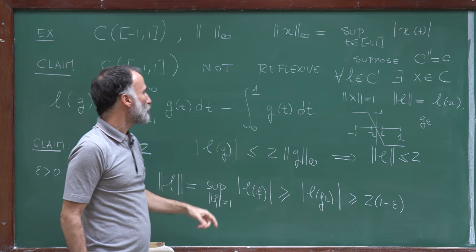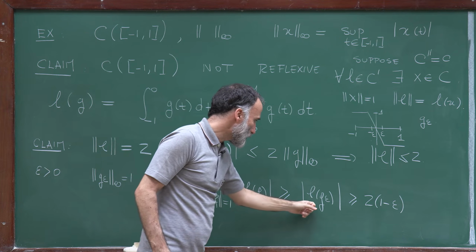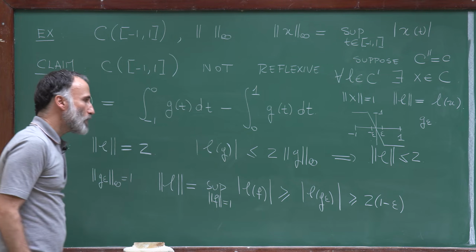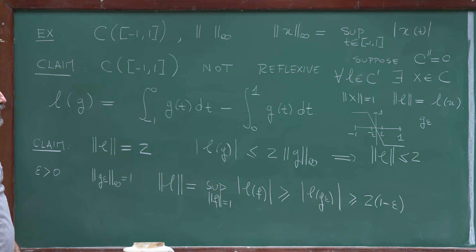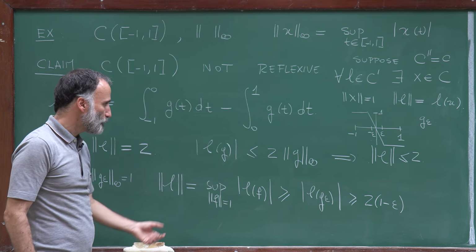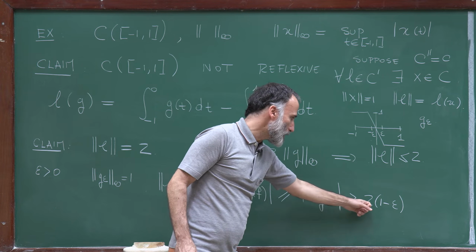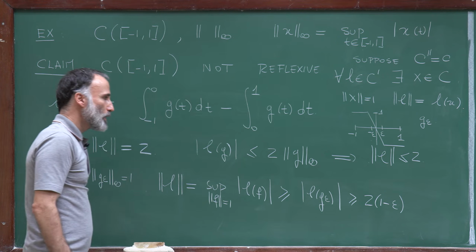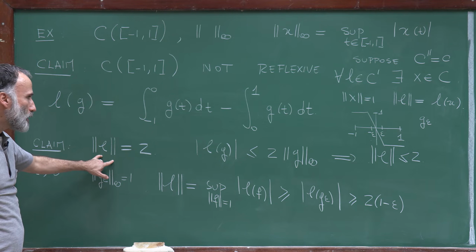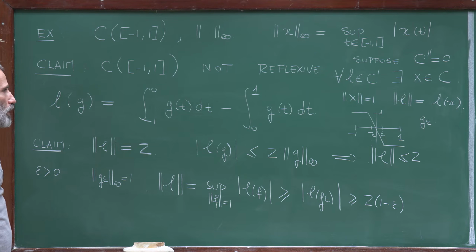So actually, L of g epsilon in absolute value is bounded below by 2 times 1 minus epsilon. From this inequality, we get that the norm of L is bounded below by 2 times 1 minus epsilon for any epsilon, which proves our claim that the norm of L is equal to 2.